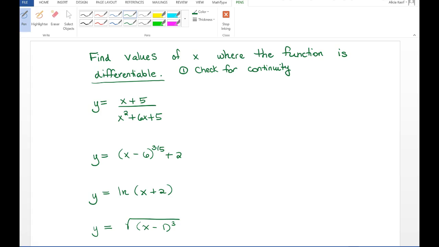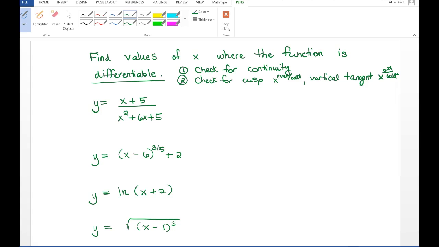After that, we check for a cusp, which is even over odd, and a vertical tangent, which is odd over odd, where the numerator in both situations is less than the denominator.